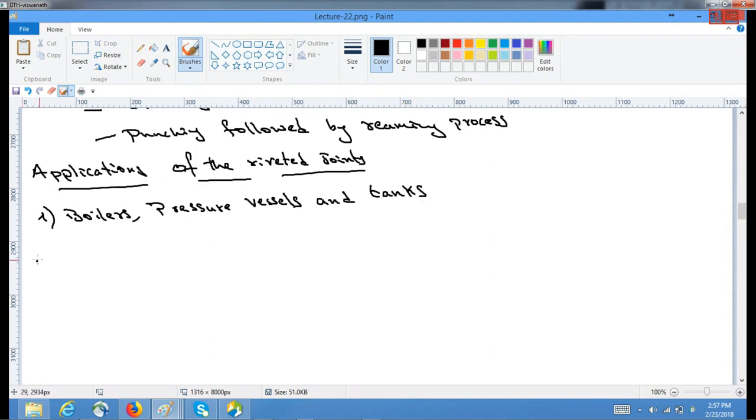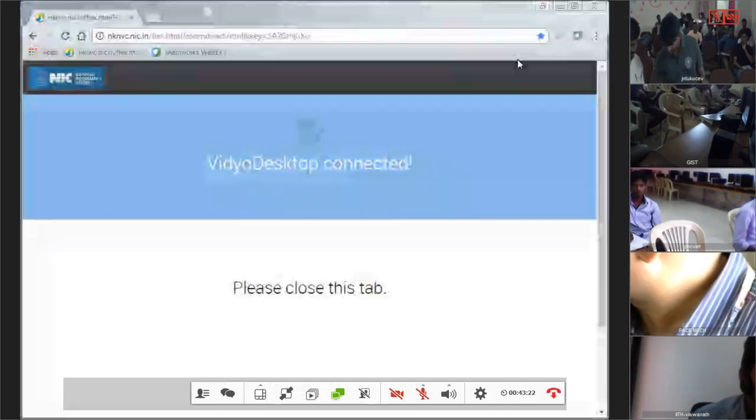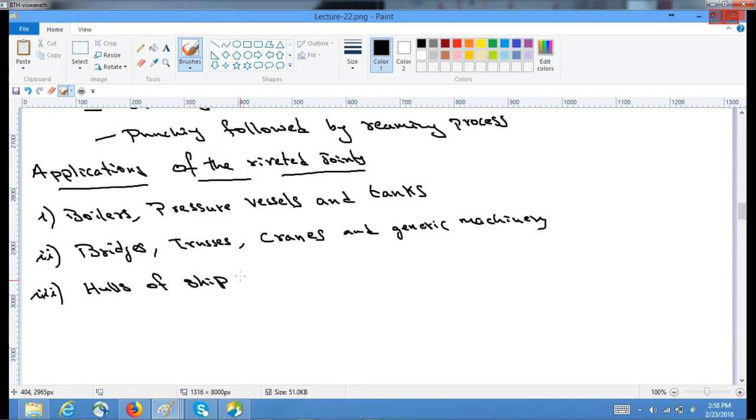And the second category is bridges and trusses. So these are the typical applications.